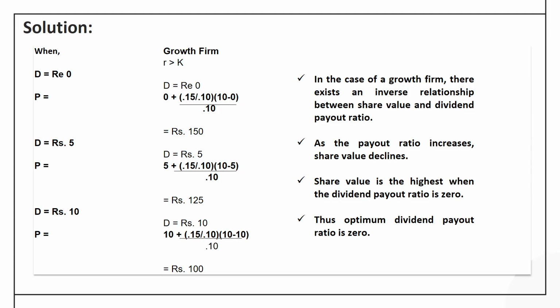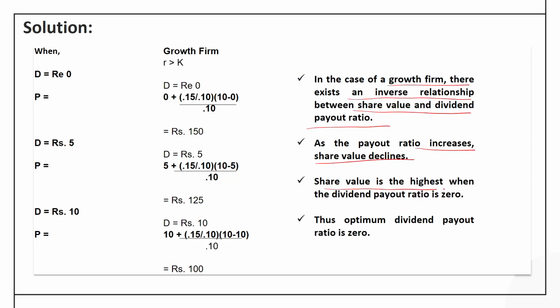Now, we can see the calculation of price for a growth firm and also the ultimate conclusion for a growth firm. In the case of a growth firm, there exists an inverse relationship. We have to remember, the higher the rate of return as compared to the cost of capital, the higher the value of shares when the dividend payout ratio is 0, and as the payout ratio increases, share value declines.